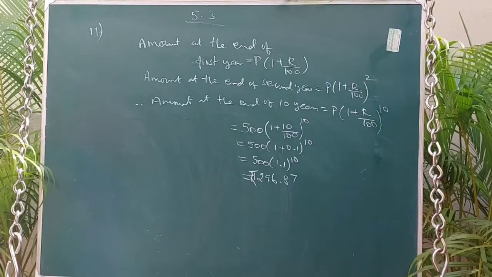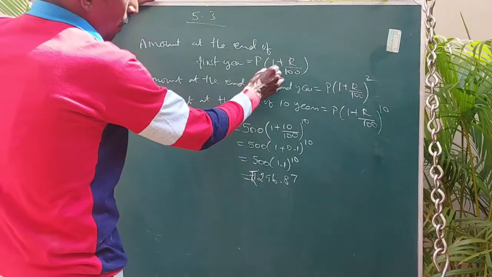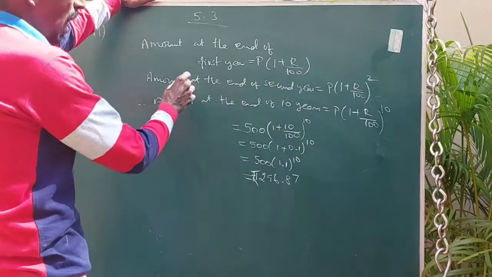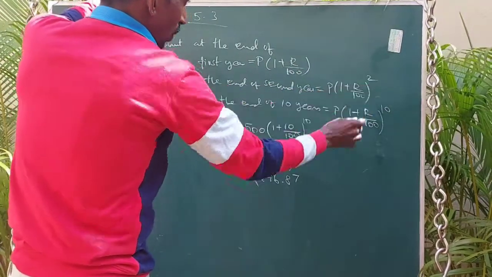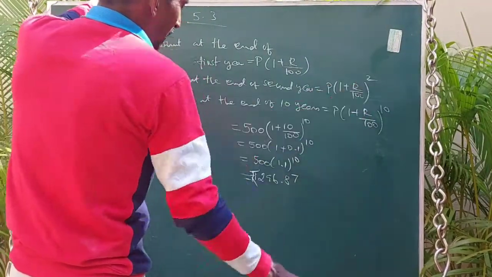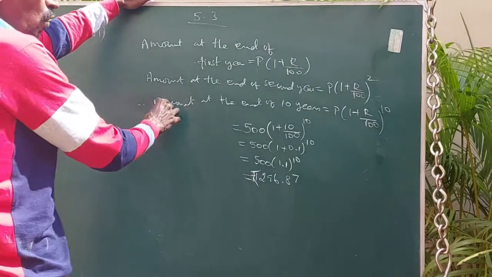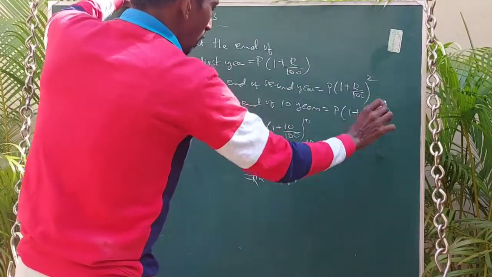Remember the formula: the amount at the end of the first year is P into 1 plus R by 100, at the end of the second year is P into 1 plus R by 100 the whole square, third means P into 1 plus R by 100 the whole cube, etc. So the amount at the end of 10 years equals P into 1 plus R by 100 the whole power 10.